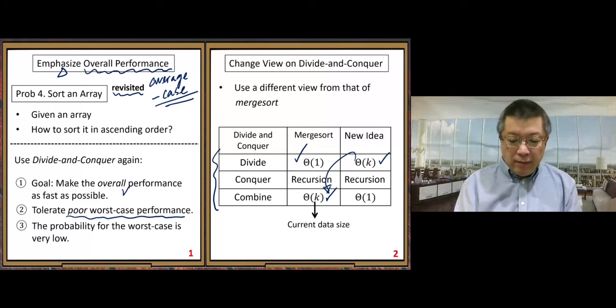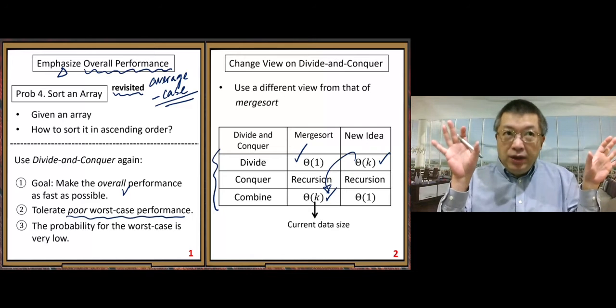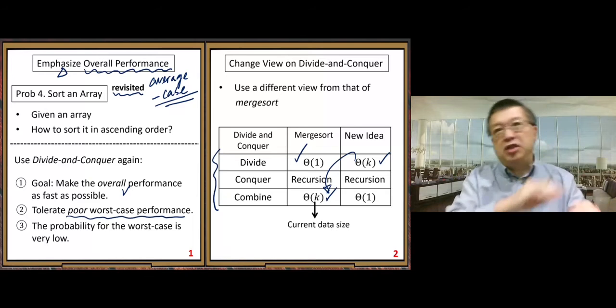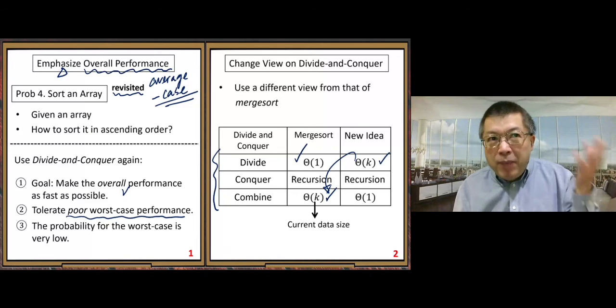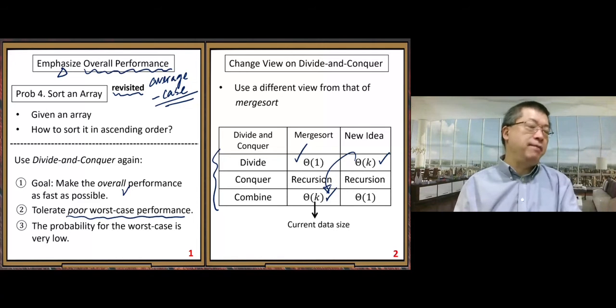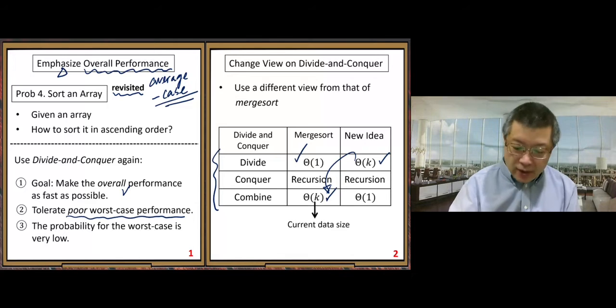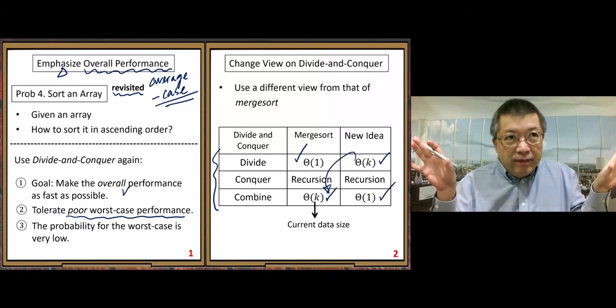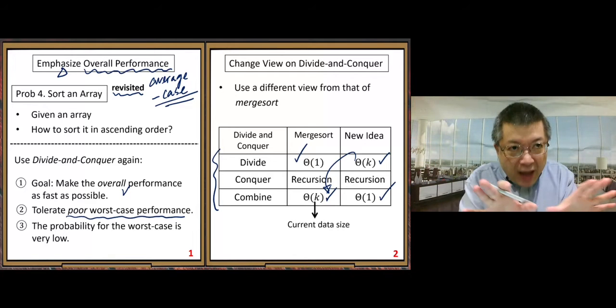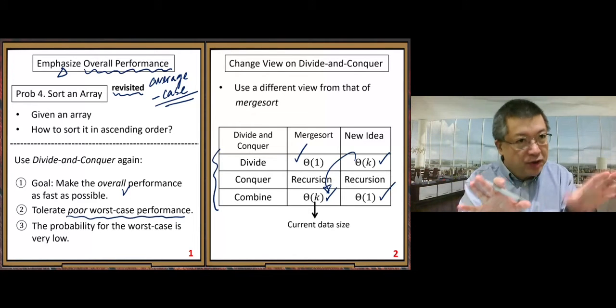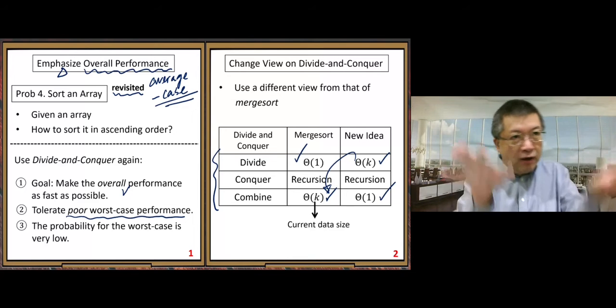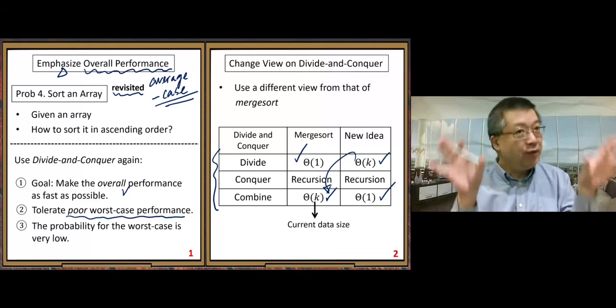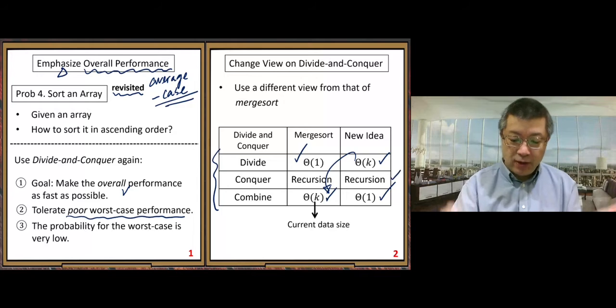But we need to get the payoff at the combine step. The special property can be used at the combine step. Put 2 subarrays together, supposing each one has been conquered by the recursion in the conquer step.